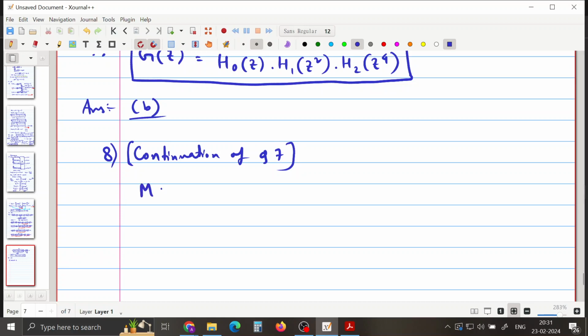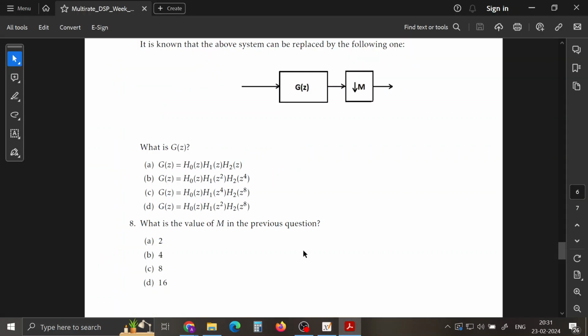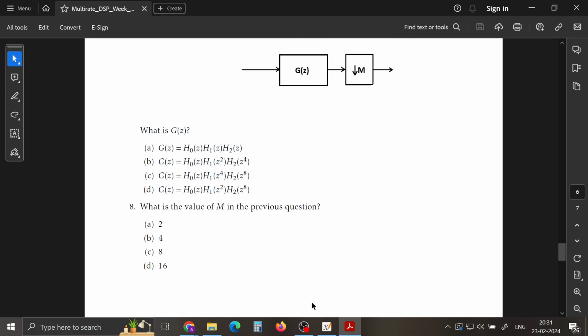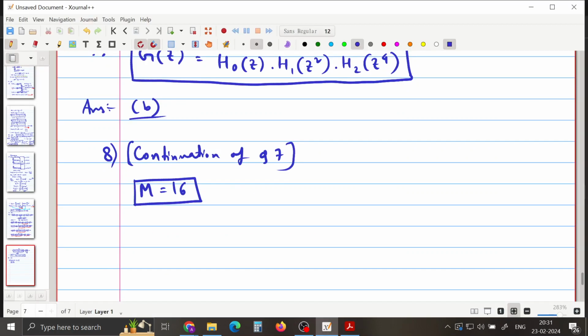So m equals 16, and if you look at the options, it is option D, m equals 16.